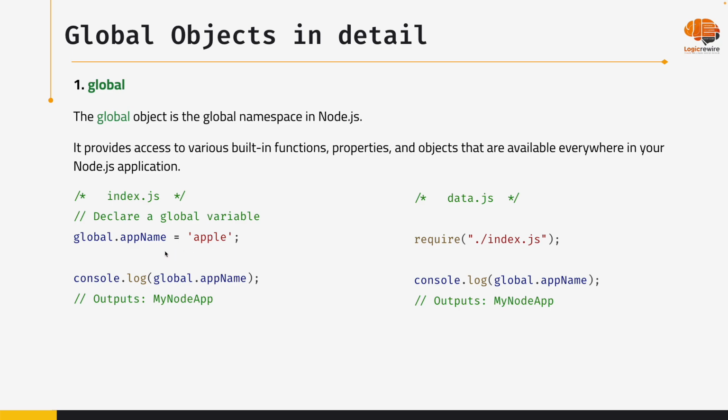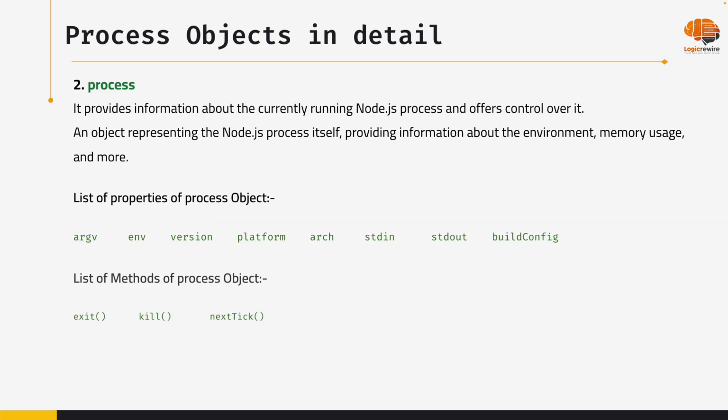Understood? So we can transfer data from one file to another using global. We can set multiple properties, objects, functions, and all in global.